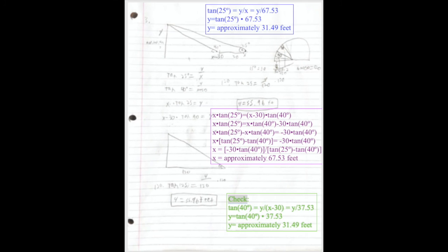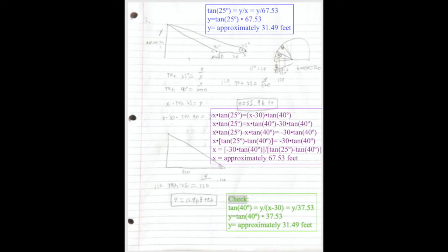And in algebra, you learn that since you're starting with 2 different equations, you can check your work by plugging the number back into the other equation and seeing if you get the same answer. So I'm going to take tangent of 40 degrees is equal to y over x minus 30. I am going to substitute in my answer of 67.53 feet for x and subtract 30.